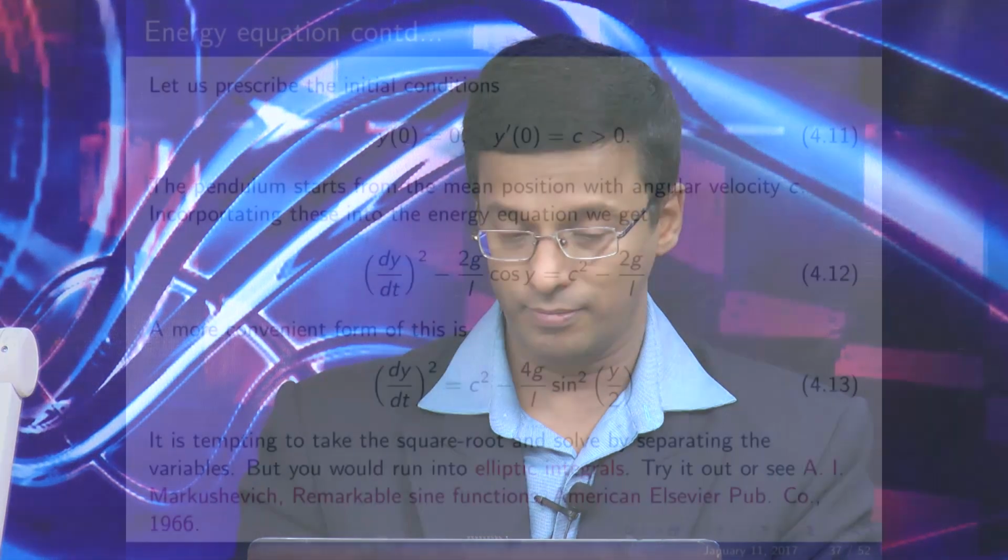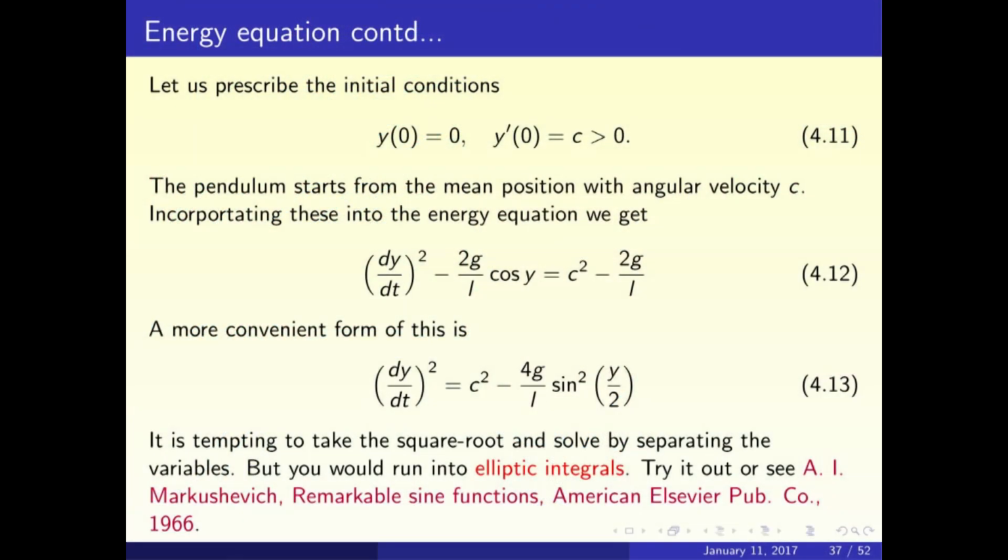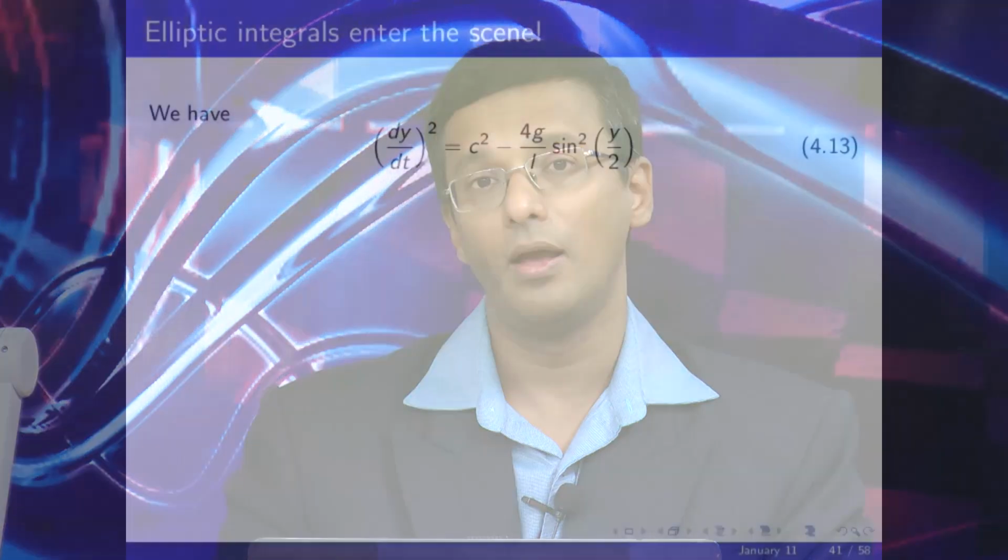We can separate the variables and we are going to integrate. Okay, you do that. You are going to run into an integral that you cannot compute. And that integral is the elliptic integral. So, the elliptic integral that I mentioned a few lectures ago appears here in connection with the pendulum equation.